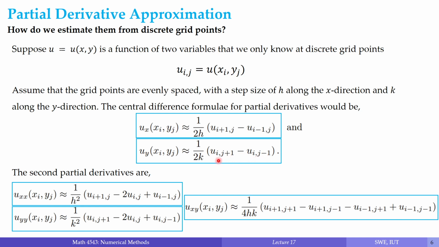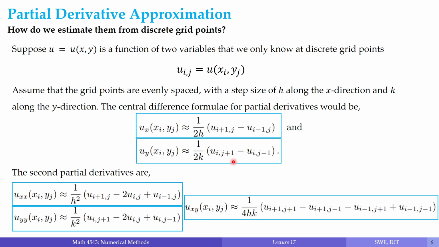So j plus 1 and j minus 1. These are the respective functional values at those particular points. This is the functional value of the bivariate function at the point x sub i comma y sub j plus 1. This thing is the functional value of our bivariate function u at the point x sub i comma y sub j minus 1.